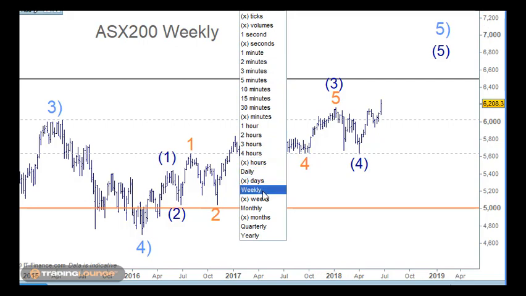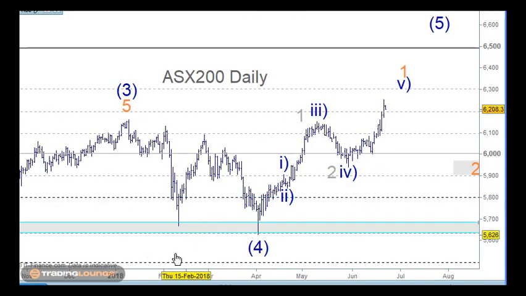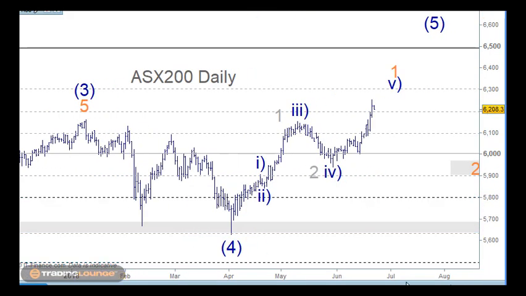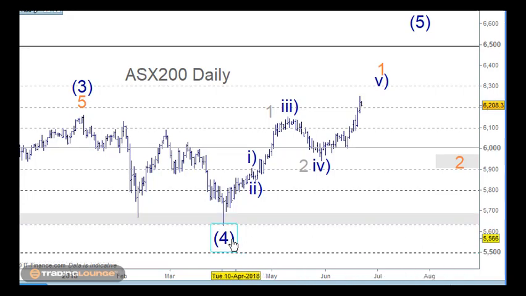So going from the weekly chart to the daily chart here, we have our wave 4 here, and it can be counted in the blue here in terms of 1 and 2 and 3 and 4 here, and then moving up for 5 here, which will probably be a bit higher than 6,300 here.